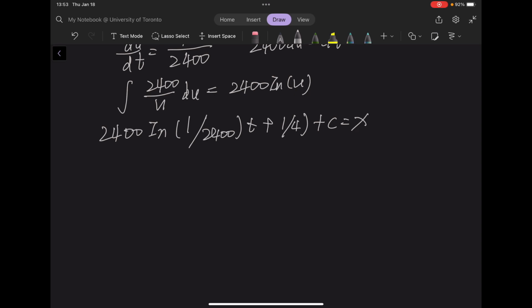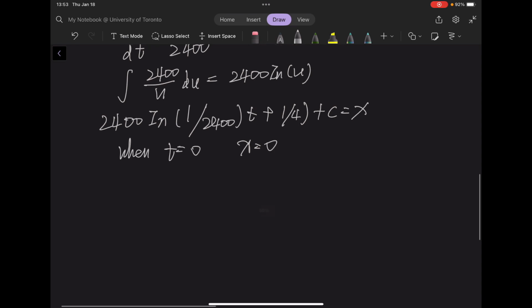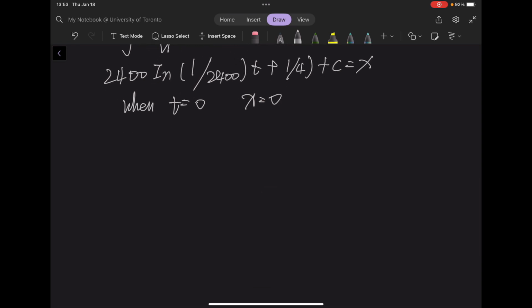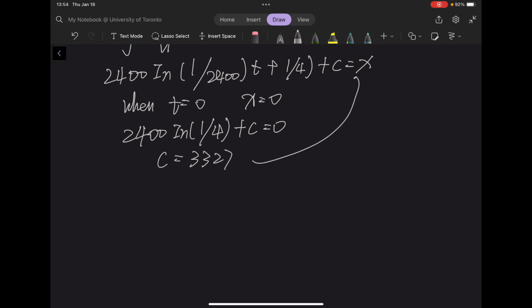Right here we have a boundary condition. When t is equal to 0, x is also equal to 0. So we got 2400 natural log 1/4 plus c is equal to 0. c is equal to 3327. Put it back into our equation.